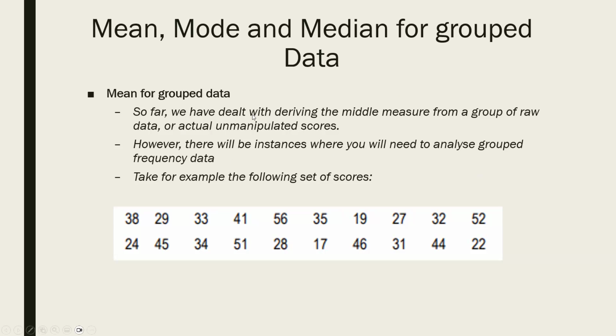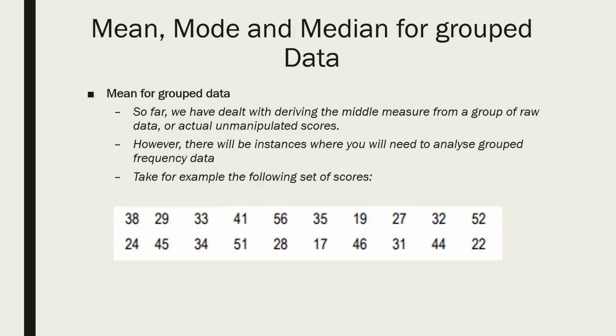Now, in the previous sessions, we were talking about mean, mode, and median for ungrouped data. Now, we are looking for mean, mode, and median for grouped data. What you need to understand is their formulas are different.